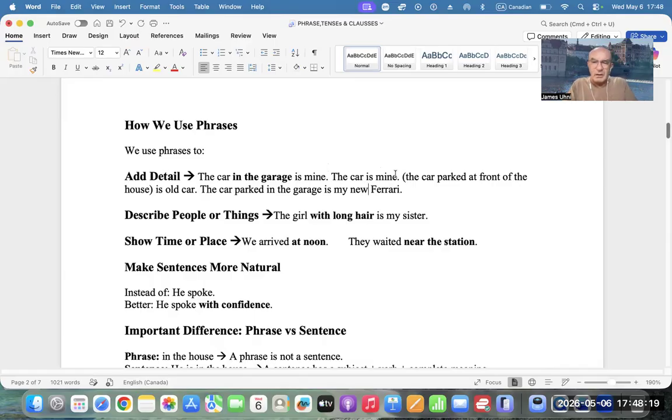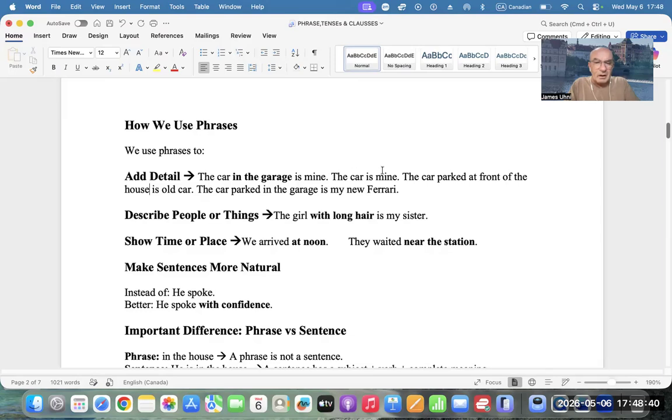But then we have the car. Actually, I didn't have to do that. I will just write it this way in more details. The car parked at front of the house.